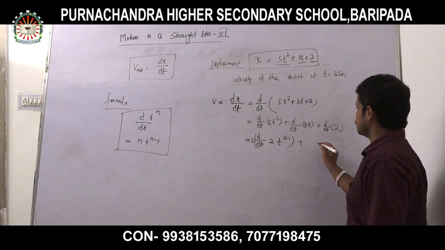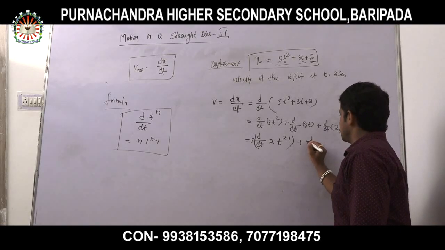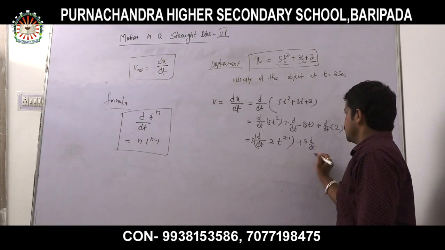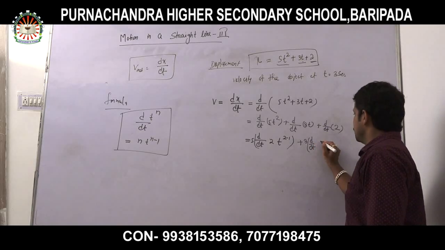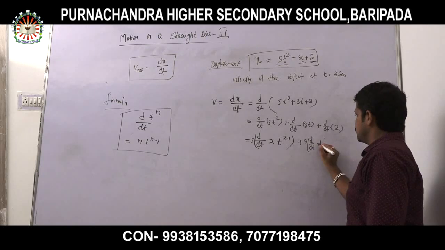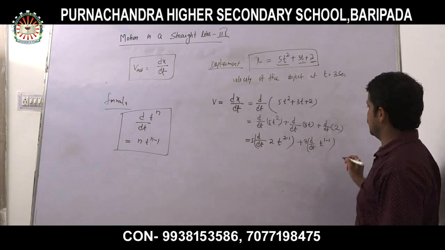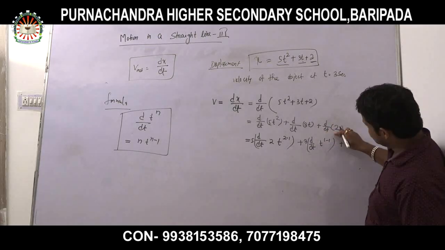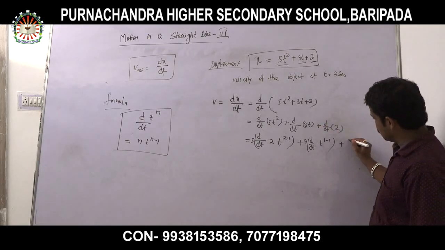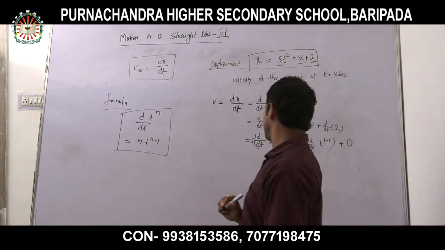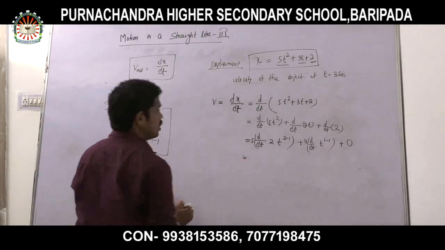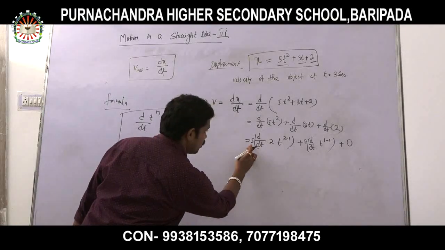Plus, then 3 is a constant, so let us take it outside. So d by dt of t, the power is 1, so this becomes t to the power 1 minus 1. Clear? And the last term, the derivative of a constant becomes 0. Clear?